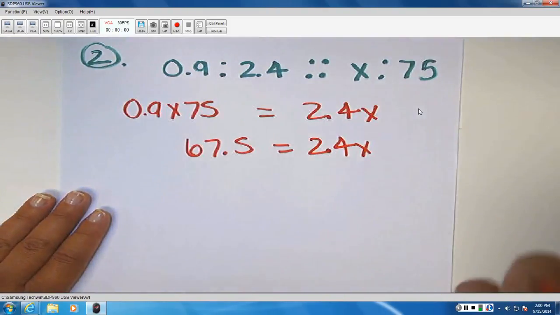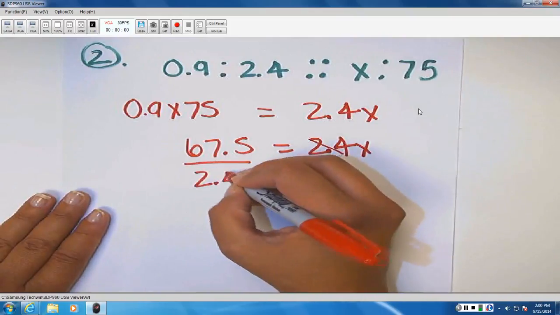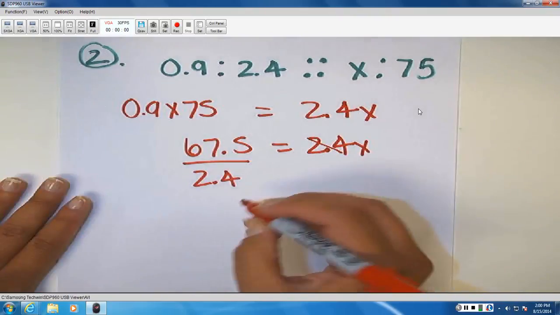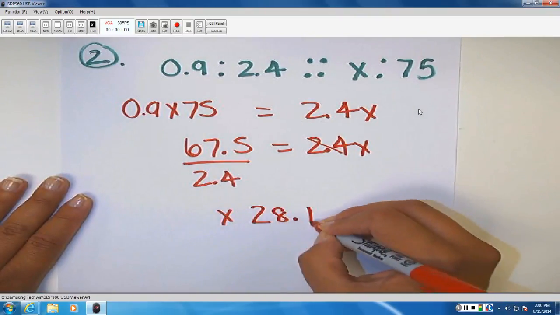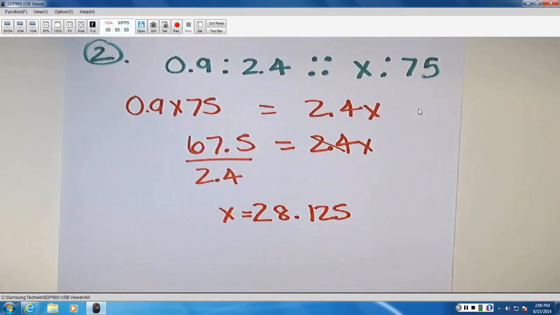What I'm going to have to do is take this 2.4 and come over and divide. So 67.5 divided by 2.4 equals 28.125. Okay, so that's the answer that I got.